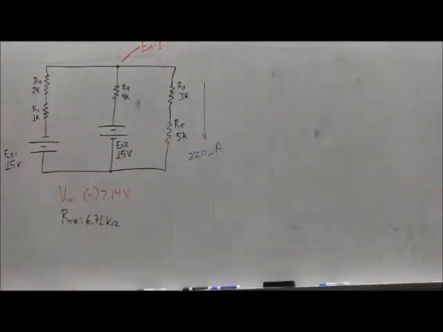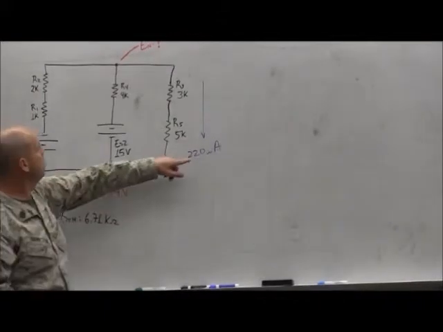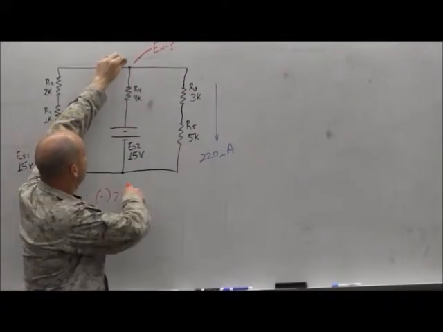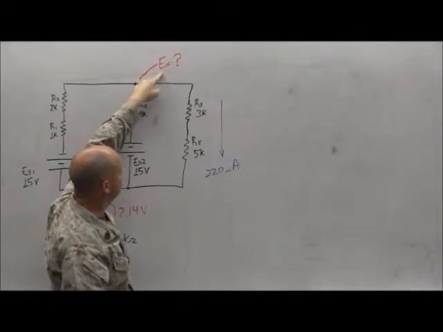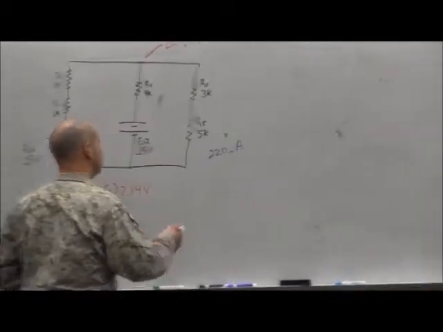Can I do that? Yeah, because I've got my current across here. This is electrically the same point as it is there. So if I go from here to here, that'll tell me my nodal voltage. So I need the voltage drop of R3 and R5. So what are they?